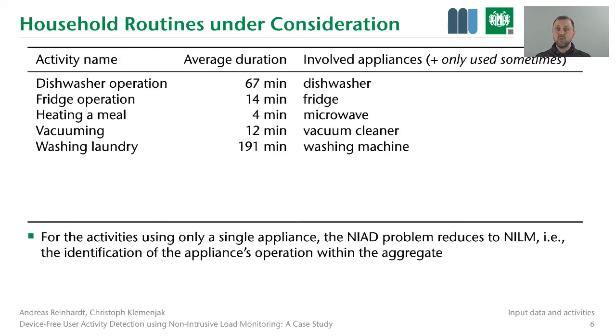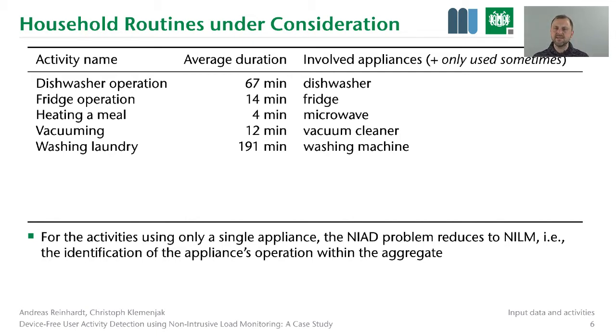To this end, we've defined a bunch of activities that will show up in the synthetic data, and those are listed in the table. So there might be the user operating a dishwasher, there might be the fridge autonomously operating in the background. We have an activity to heat a meal just using a microwave oven, to vacuum the apartment, or to start the washing machine.